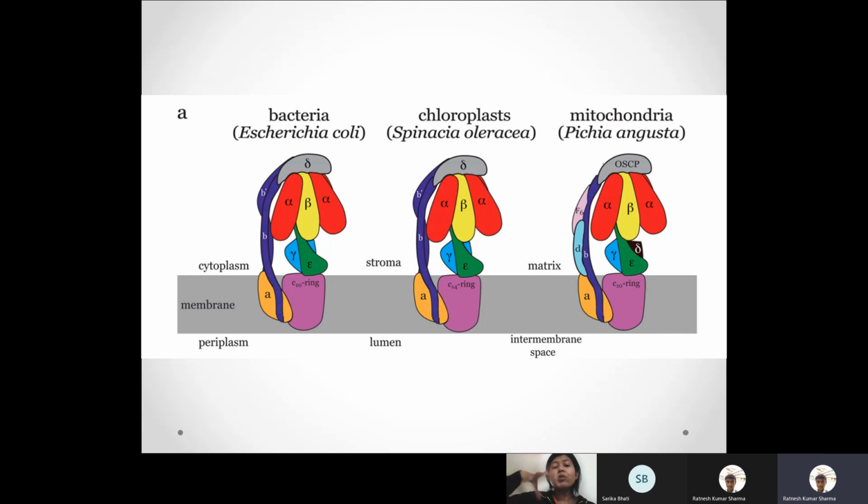But we do not want the head to keep rotating. Rather, we would like the head to catalyze ATP synthesis. So the head is kept in check while the rotor and the associated stalk are rotating. The head is kept in check by this associated B prime and this delta or OSCP unit, which sits on top of it and prevents it from undergoing something which we can call futile rotation.